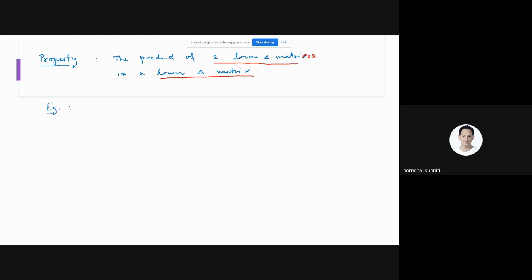Okay, can you give me a lower triangular matrix? Let's say 2 by 2, just for simplicity.